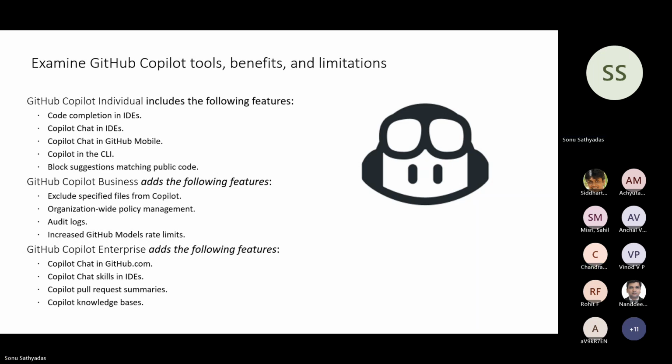In Visual Studio Code or any other IDE, to configure GitHub Copilot, first of all you need to have the extension, which you can download from the marketplace or the extensions page of that particular IDE.